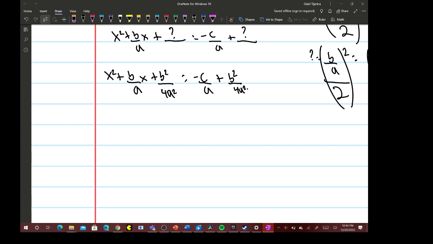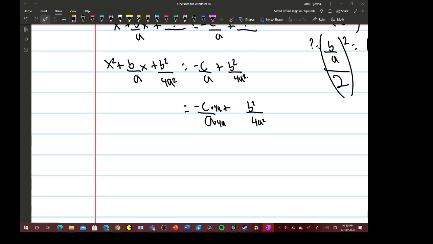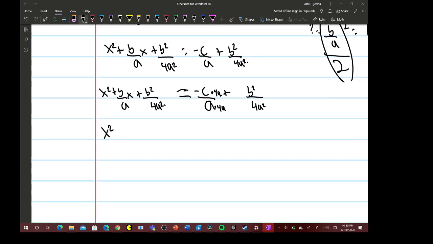So here, you would multiply by 4a on top and bottom, and then it would be x squared plus b over a x plus b squared over 4a squared equals negative 4ac over 4a squared plus b squared over 4a squared.